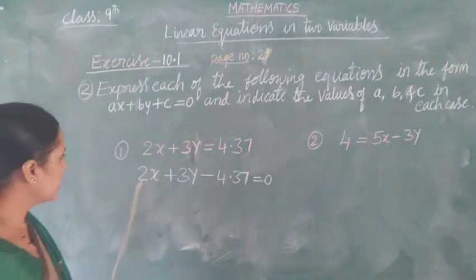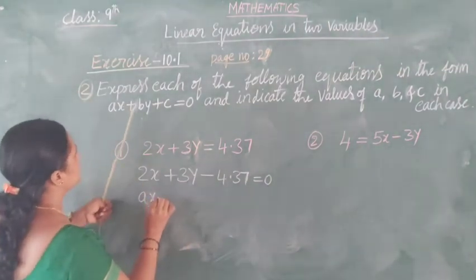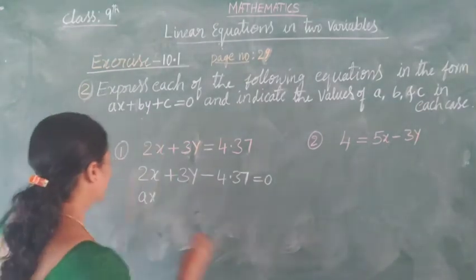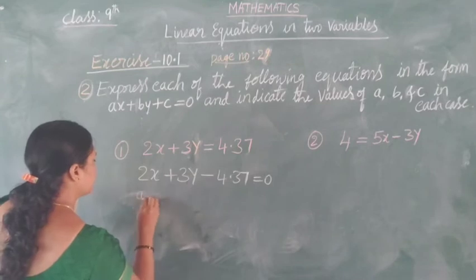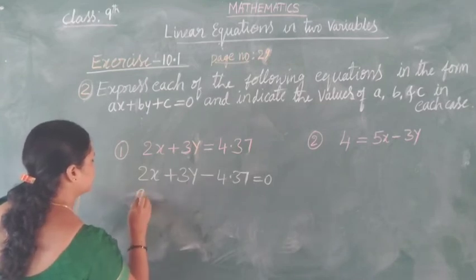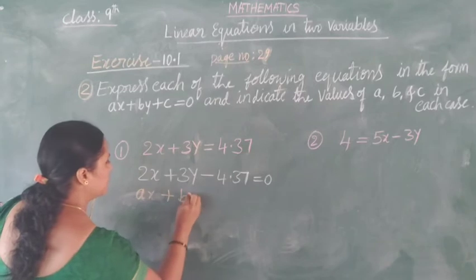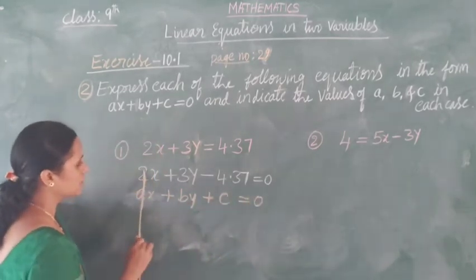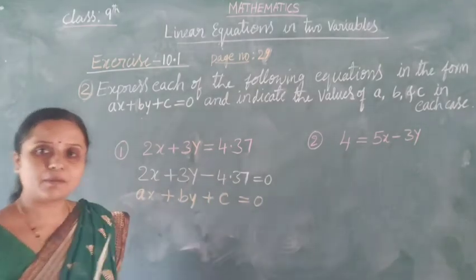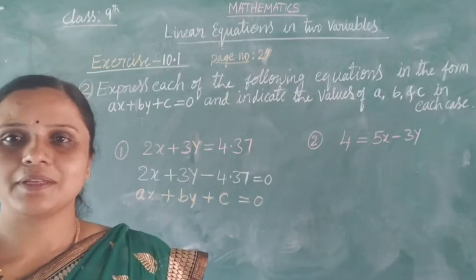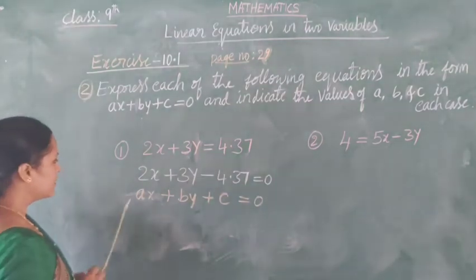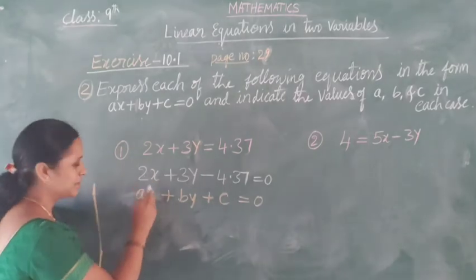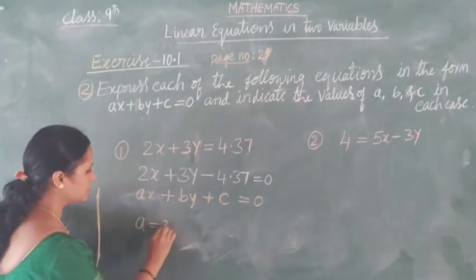So you can compare it with the equation ax plus by plus c. Now we can compare and write the values of a, b and c. What is the value of a? In place of a, there is 2. So write a equal to 2.